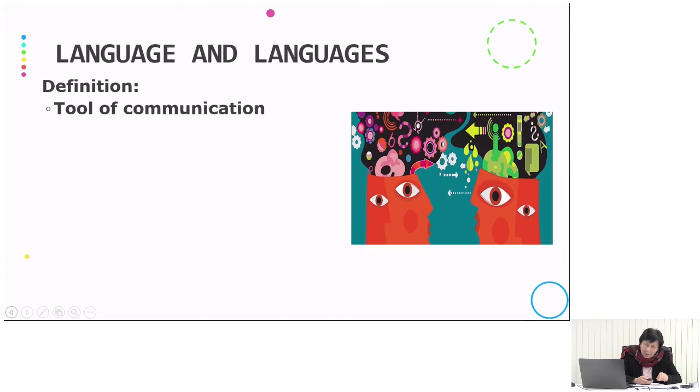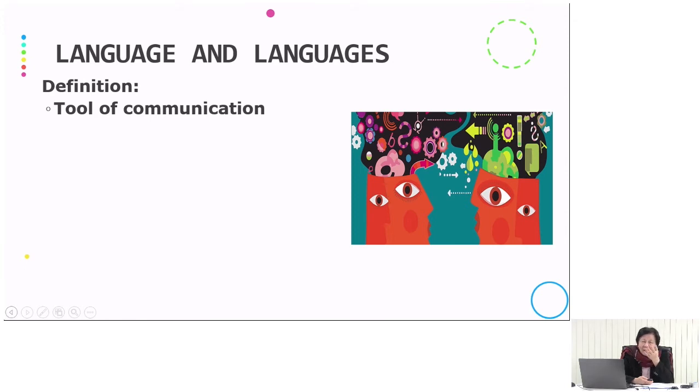In each area, in each country, in each geographical boundary, there is at least one language used for communication, right? For example, in Thailand, we have the Thai language, but even though people speak Thai, not many understand each other, because in different regions they speak differently.